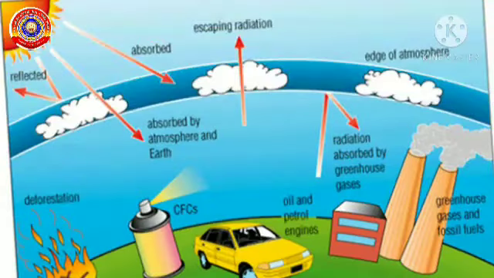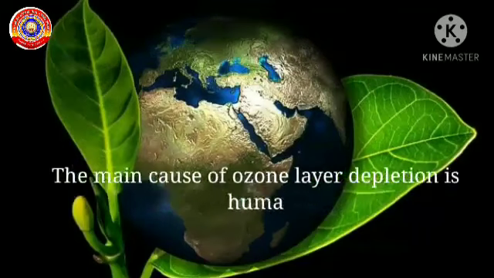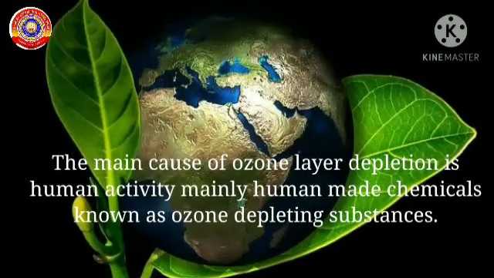You learned that ozone depletion occurs when CFCs found in aerosol spray cans and refrigerants are released into the atmosphere. The chemical reactions that happen to the CFCs break down the ozone molecules and reduce the ozone's UV radiation absorbing capacity. The main cause of ozone layer depletion is human activity, mainly the human-made chemicals known as ozone depleting substances.